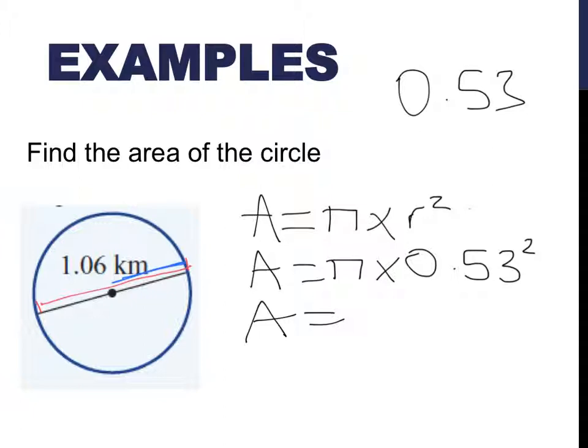That correct to 2 decimal places, look to the 2. The 2 is less than 5, so the remaining digits just get deleted. So my answer becomes 0.88 kilometers squared.